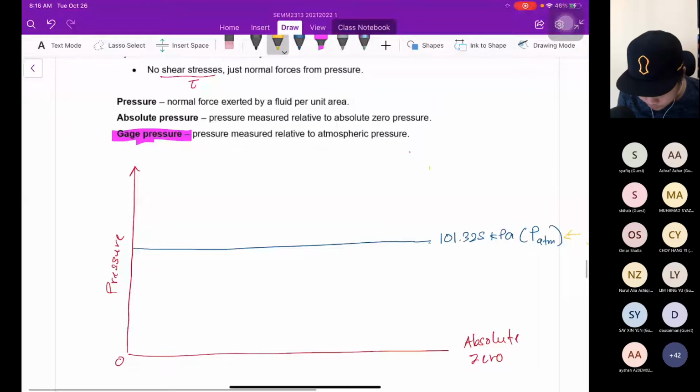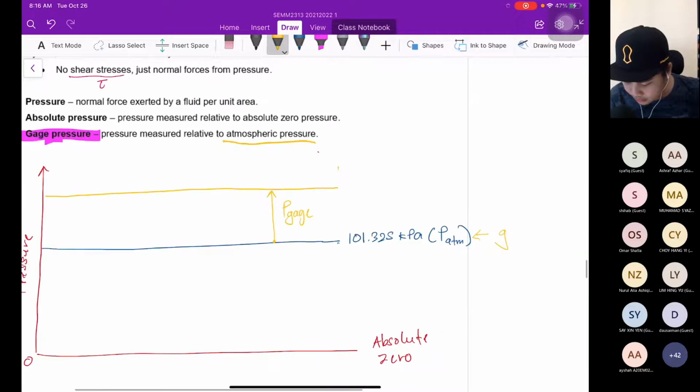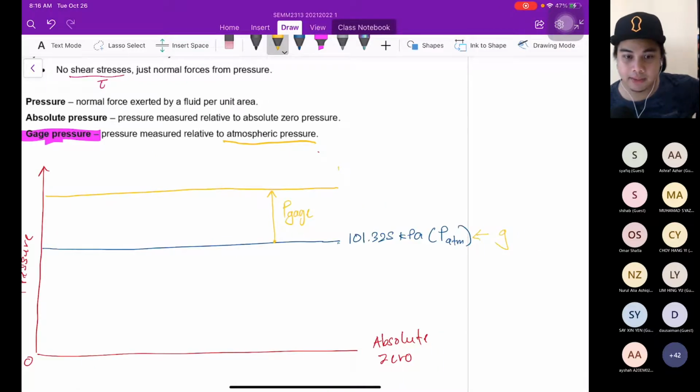For example, if we have this pressure, what is the gauge pressure? The gauge pressure measurement starts from 0 to here. This is P gauge, pressure relative to PATM. So now the atmospheric pressure becomes the reference pressure, which means its value is 0.